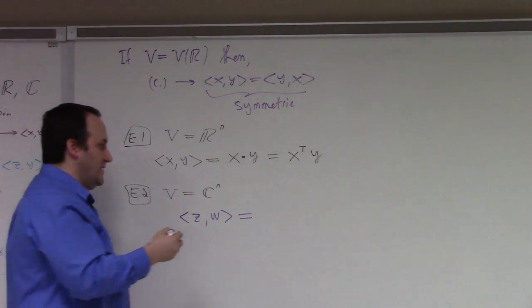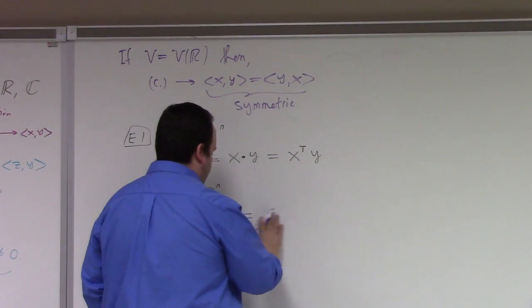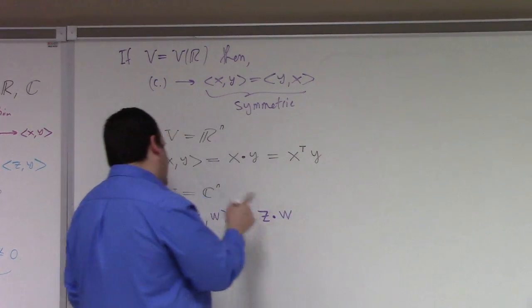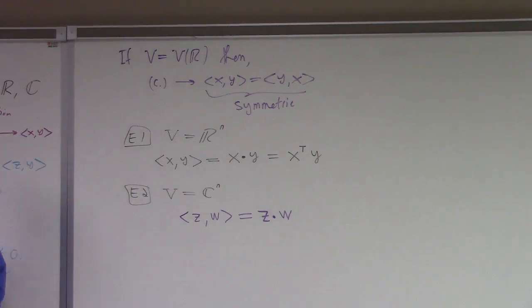Now, in Insel, Spence, and Friedberg, they actually would use the notation z dot w, but I think that's a little bit dangerous because students might be tempted to think that that just means z1 w1 plus z2 w2 plus z3 w3. That's not what it is, because you need this condition here.